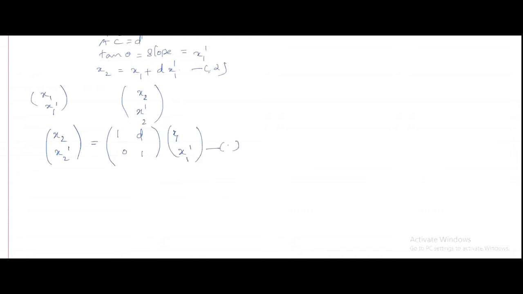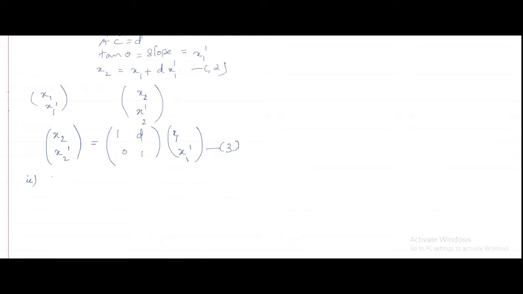Thus we can represent the initial ray by the column matrix x1, x1 dash, and the final ray by the column matrix x2, x2 dash. Then we can write x2, x2 dash equals the matrix 1 d, 0 1 multiplied by x1, x1 dash. Let this be equation number 3.